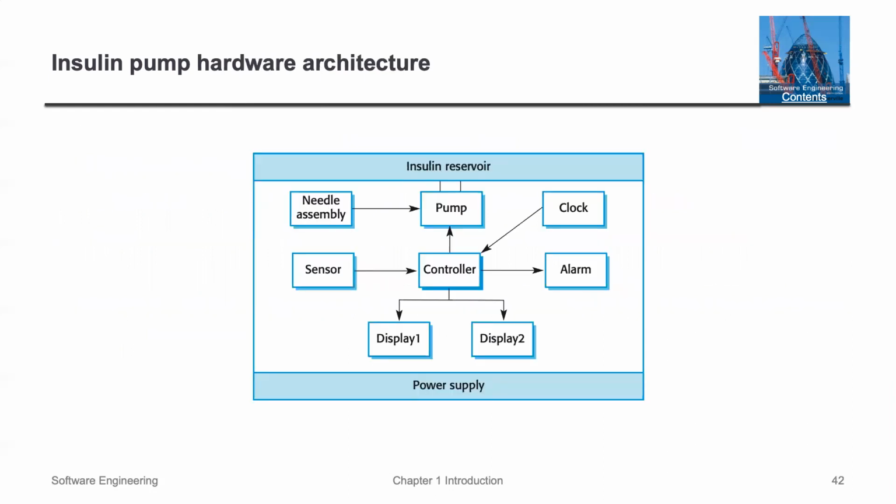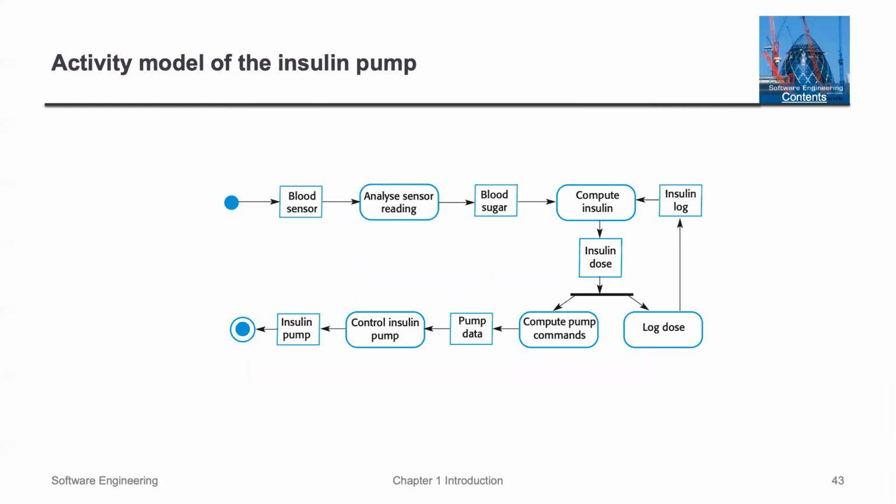In terms of the software architecture, you have the insulin reservoir, and the ability to do the detection from a sensor. It can send an alarm if something goes wrong, and it also has a delivery system to the patient and various displays. And finally, you need power so it can maintain its functionality whenever it's called to be used.